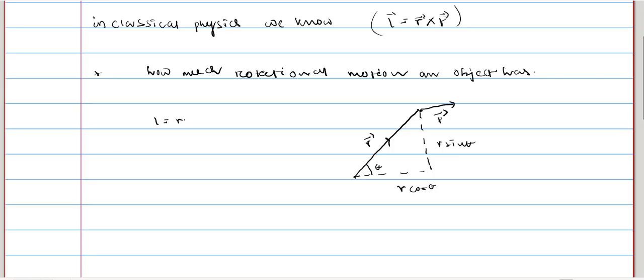L equals r cross p means r p sin theta. If theta is 90, then L is max. If theta is 0, L is min. This is the simple concept of angular momentum in classical mechanics.